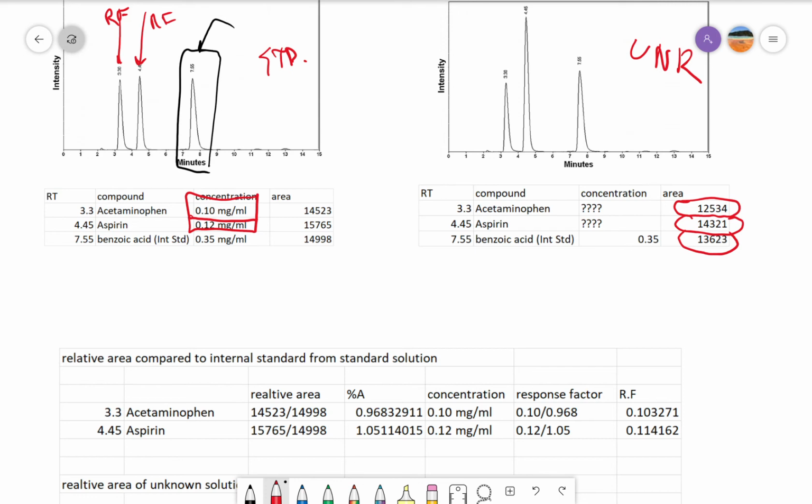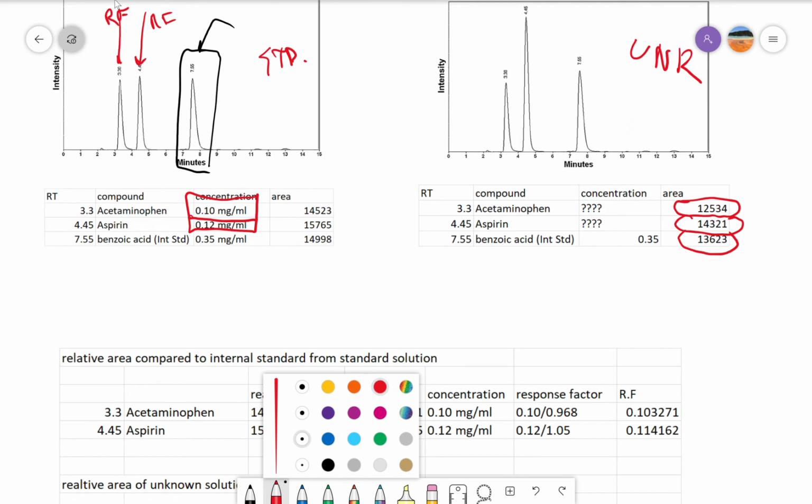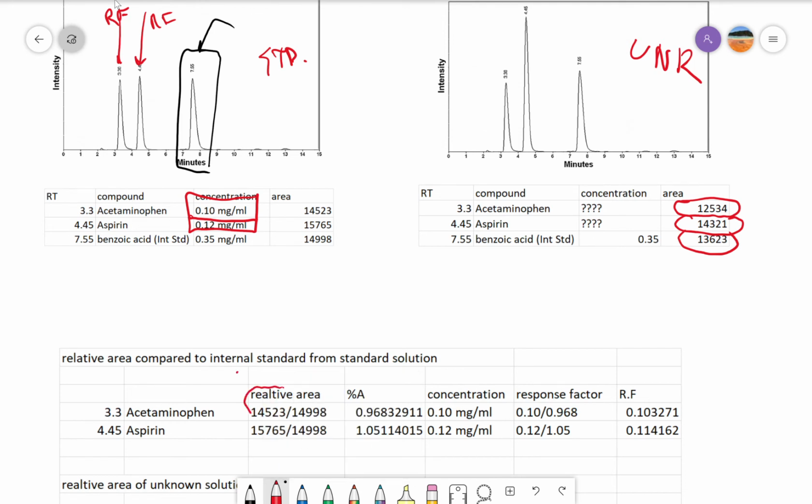So in this experiment, what we need to do is take the area of the acetaminophen and divide it by the area of the internal standard to get a relative area in the standard peak.